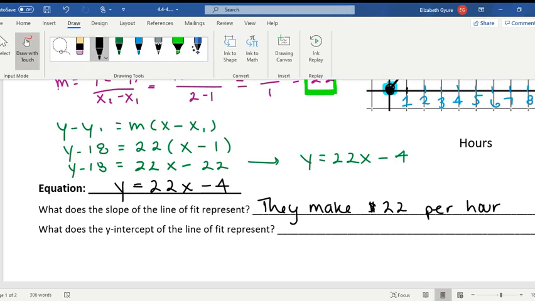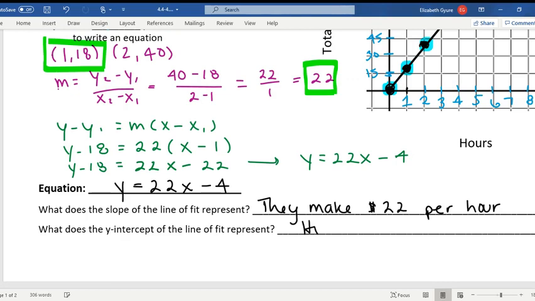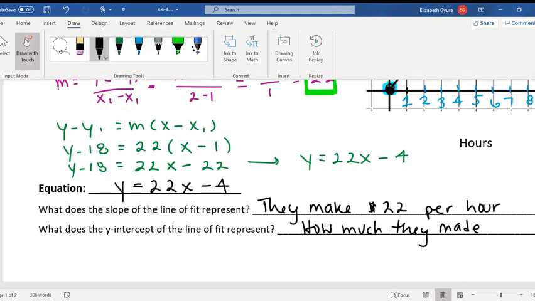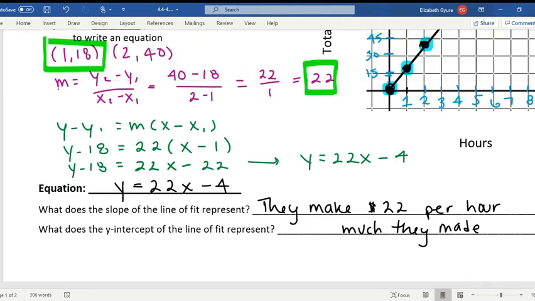is that this represents how much they made. Well, it wouldn't be in how many hours, so not necessarily 6 hours. If this is their starting, have they worked yet? If this is how much they're starting at, then have they even begun work? No. So this is how much they made before she started work, or you can say when they worked 0 hours.